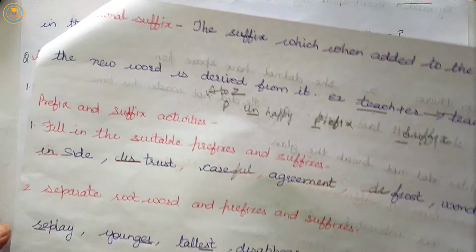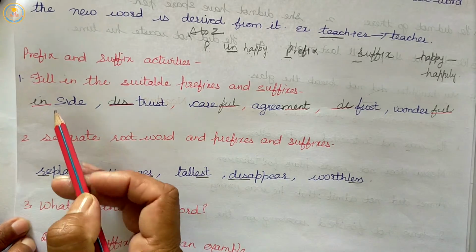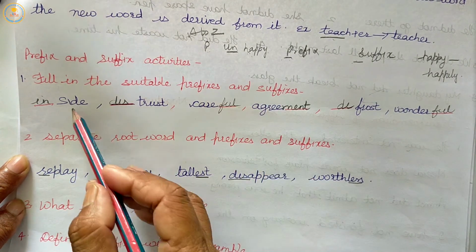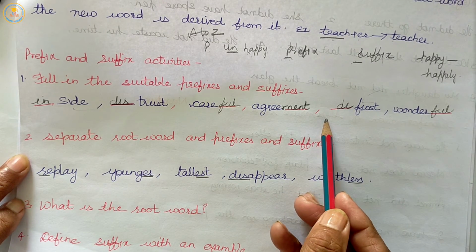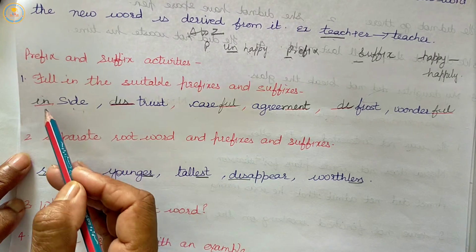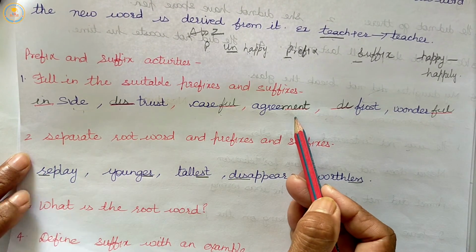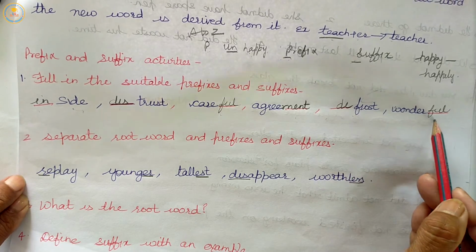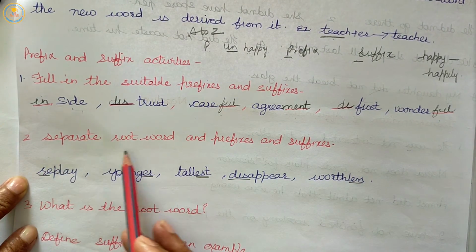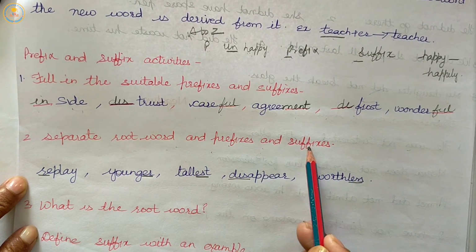So here in our previous topic, some homework was first to fill in the suitable prefixes and suffixes. Root words are given here. You will have to just add prefixes and suffixes. Here side, inside, distrust, careful, agreement, defrost or wonderful. Next question, separate root word and prefixes and suffixes.